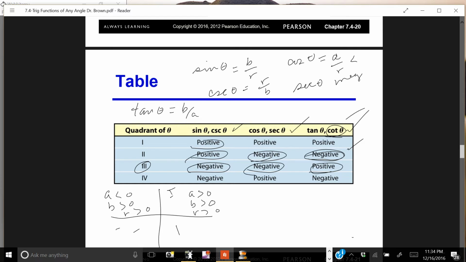Finally, you get to the fourth quadrant, and the sine, which is going to be the sign of b, is going to be negative. The cosine, which is going to be the sign of a, is going to be positive. And then finally, the tangent is going to be b over a. One is positive and one is negative. And so the tangent and the cotangent are negative.